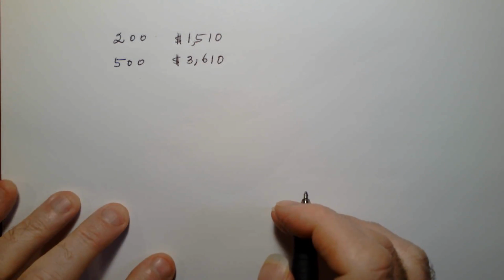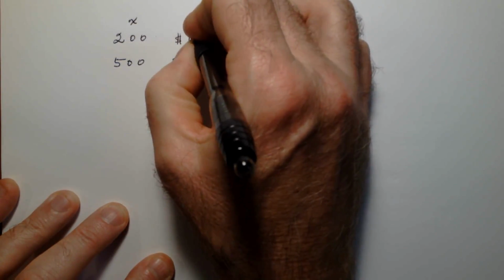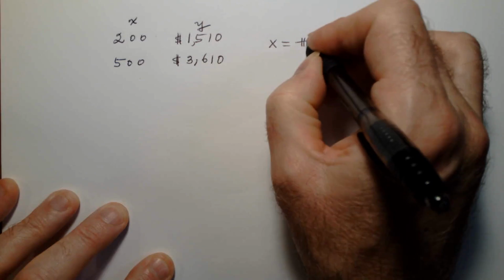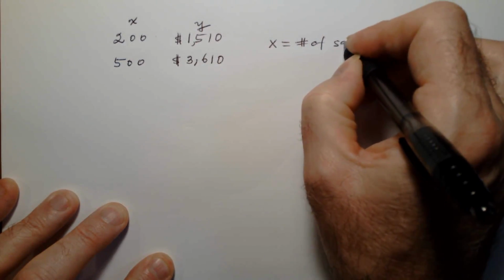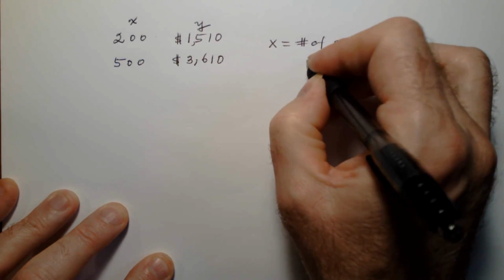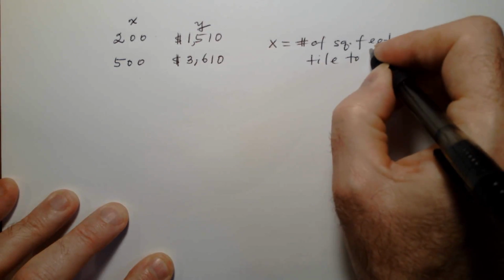So we're going to think of this as x and this as y, where x is equal to the number of square feet of tile to be installed.